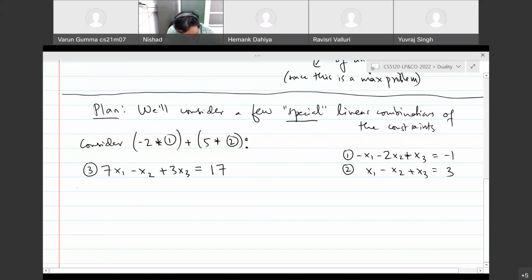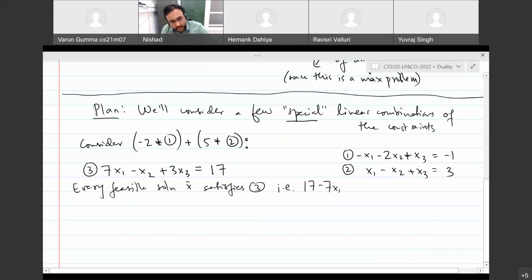So every feasible solution, x bar, satisfies constraint number 3, which is the same as saying I can rearrange things and write it in a way that I like. 17 minus 7x1 bar plus x2 bar minus 3x3 bar is equal to 0. This holds for every feasible solution, right?